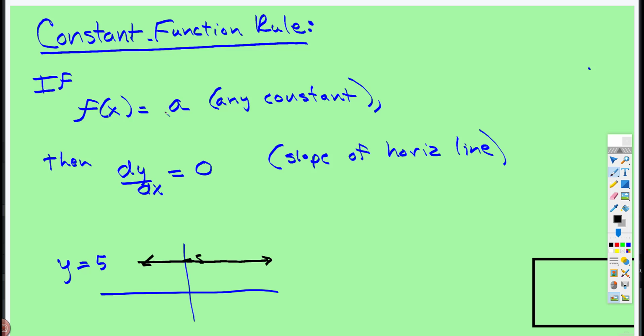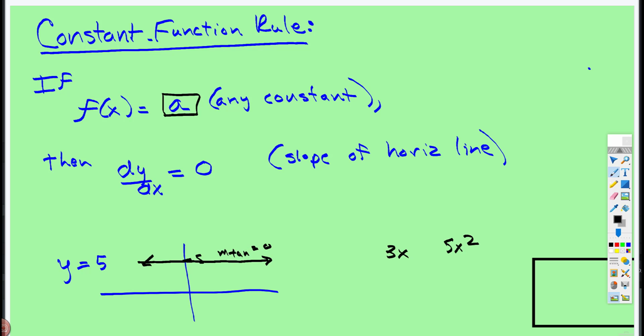Every time that you have a constant as the function, the slope or the derivative will automatically be 0. You won't have a 3x or a 5x squared because a horizontal line is just a number and that slope is 0.